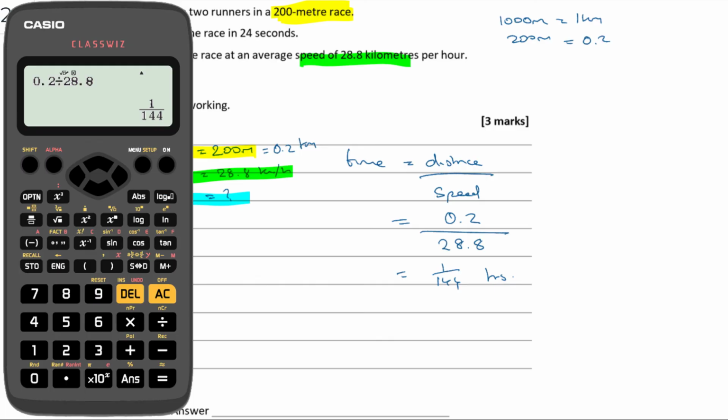I don't want it in hours, I want it in seconds so I can compare it with Tom's time. So to convert that into seconds, I'm going to have to multiply by 60. That will tell me the number of minutes, and times another 60 to give me the number of seconds. So taking my answer and multiplying it by 60 and then by another 60, that is going to give me 25 seconds.